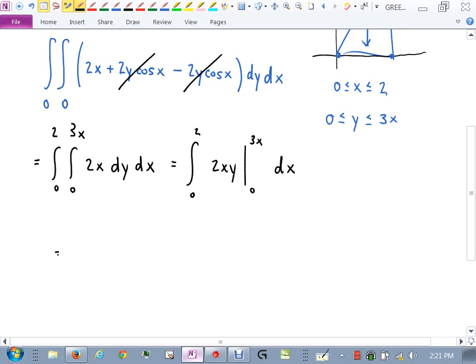Y. So when we replace y with 3x, we get 6x squared. When we replace y with 0, we get 0. So we're integrating 6x squared. Antiderivative of that: 2x cubed, 0 to 2. 16.